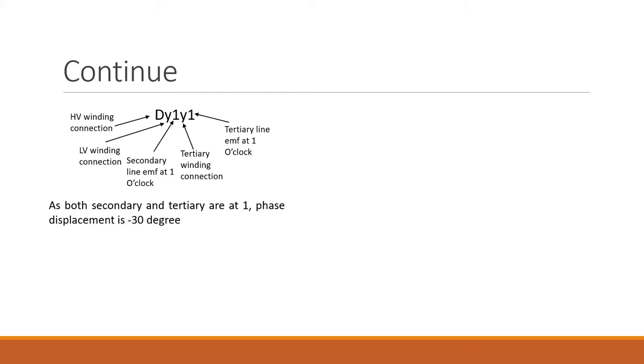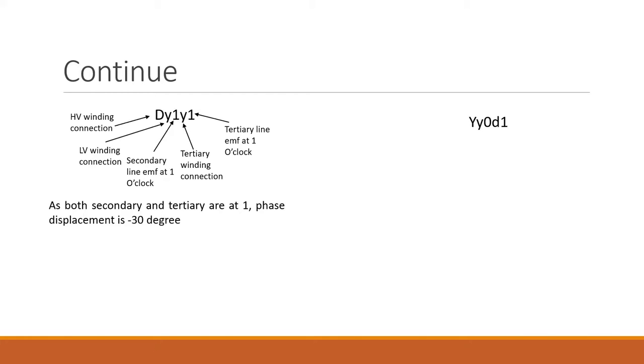So the 1 indicates a displacement of 30 degrees, and that displacement is minus 30 degrees. If it is 11, it will be plus 30 degrees. Minus 30 degrees means lagging.